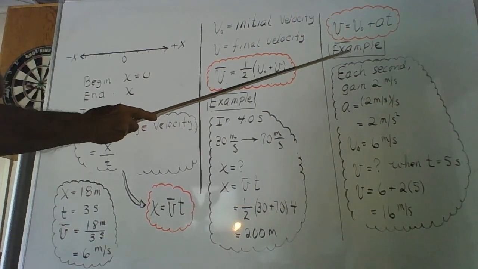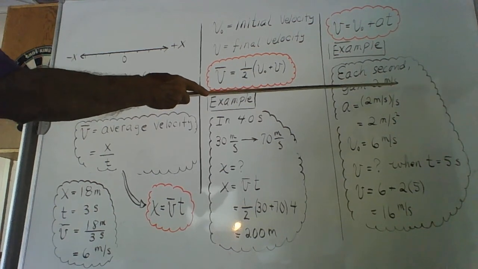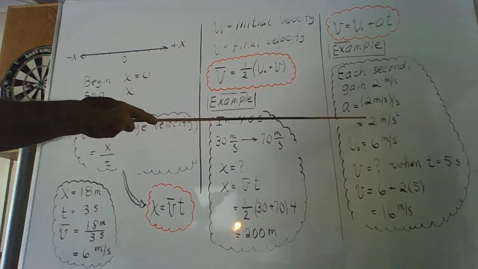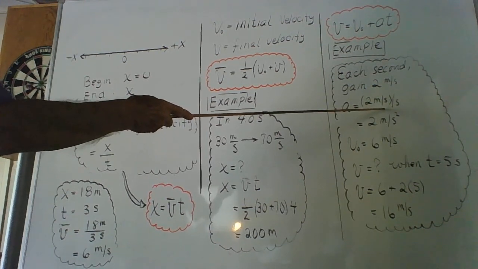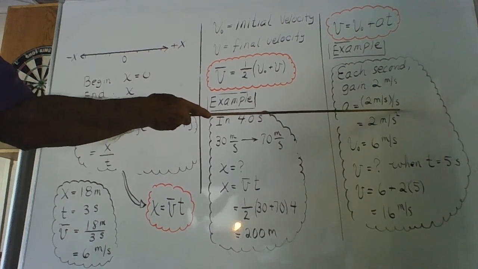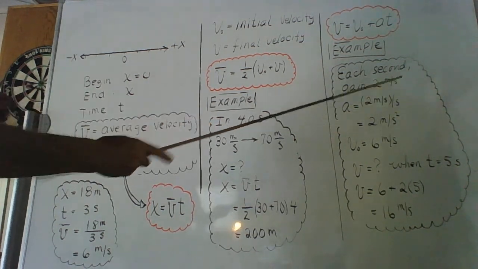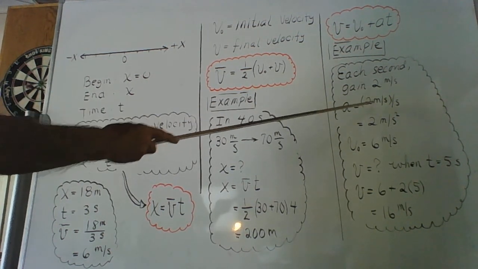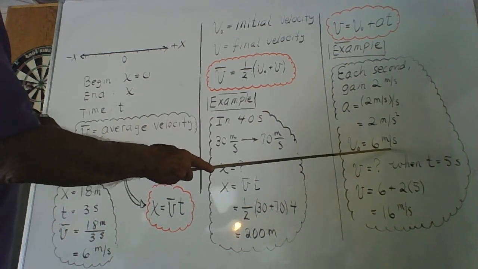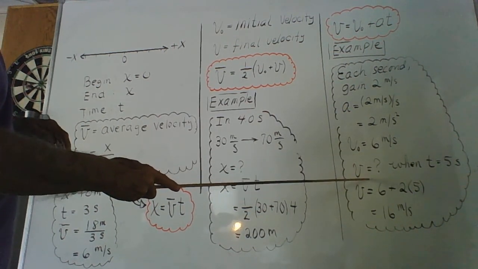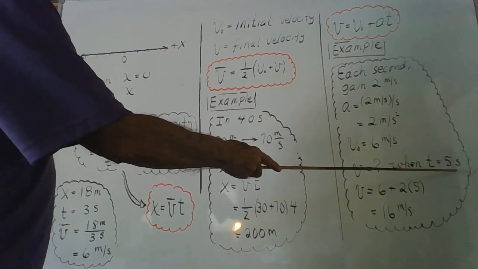Give you an example. Suppose that each passing second there's a gain of 2 meters per second in the velocity. That means that the acceleration is 2 meters per second, in the parentheses, per second. Written this way, 2 meters per second squared. So now let's take this value of a and a presumed initial velocity of 6 meters per second to predict what will be the velocity later after 5 seconds have gone by.